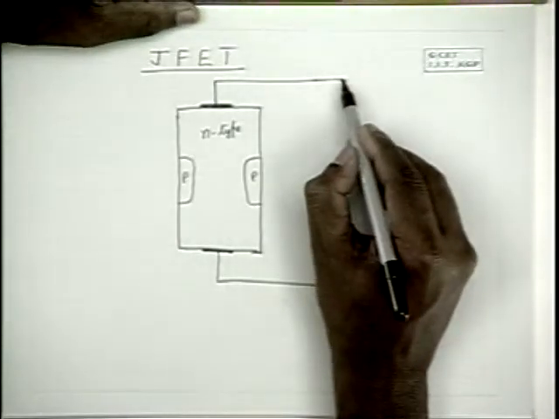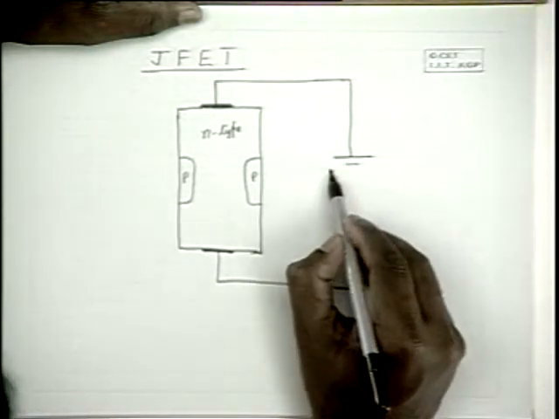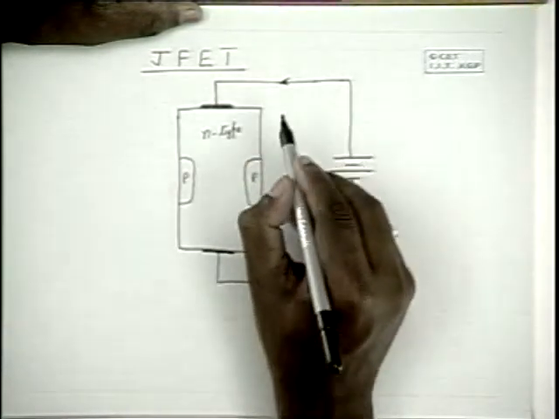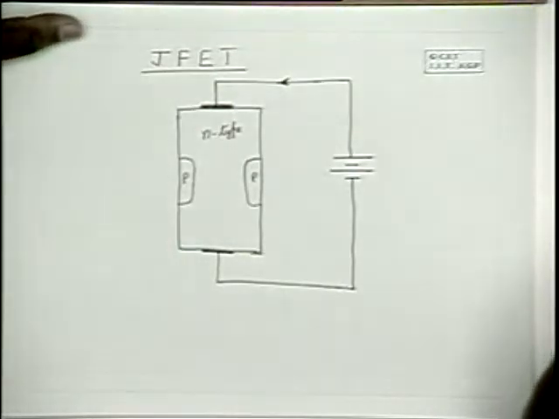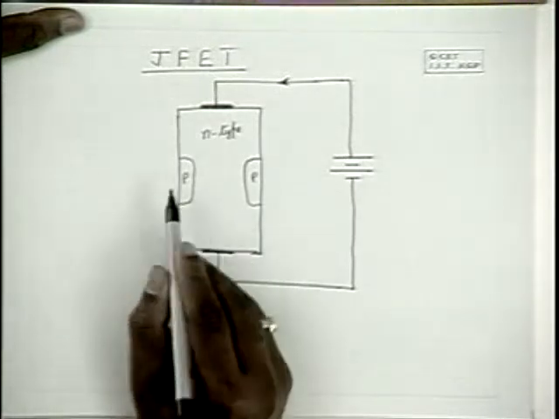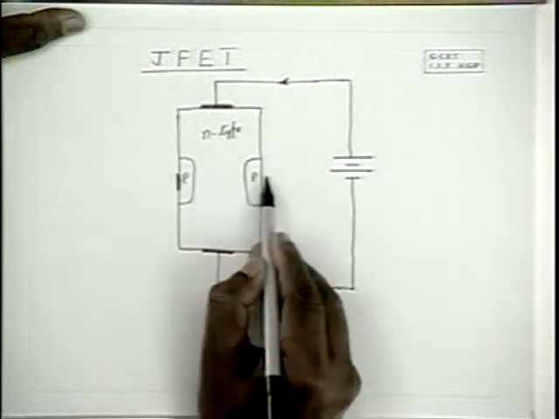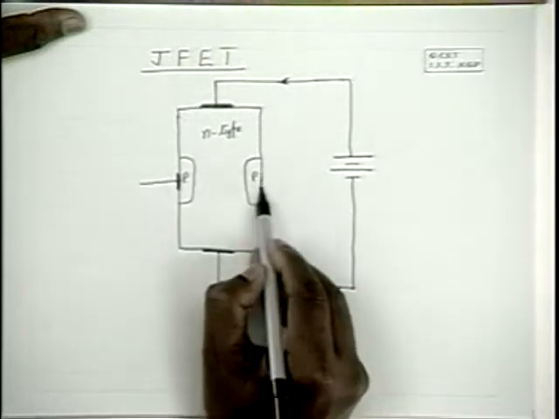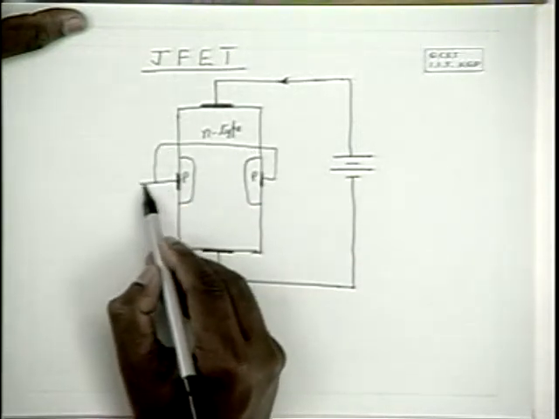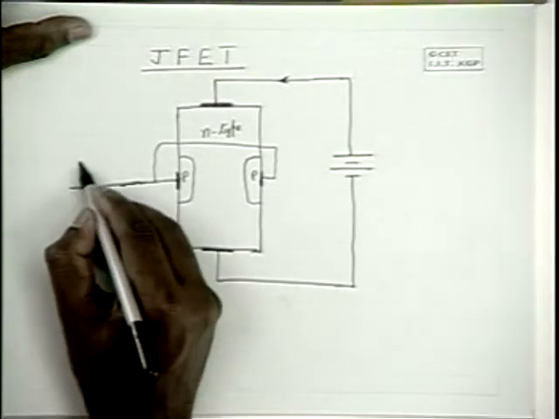Now, if you apply some potential over here, you will find that current flows, and this one acts like a resistance, as long as you don't do anything with the P-type junction. Now, if you make an ohmic contact here with the P-type material, and naturally all this P-type material is connected together, you call this the gate.